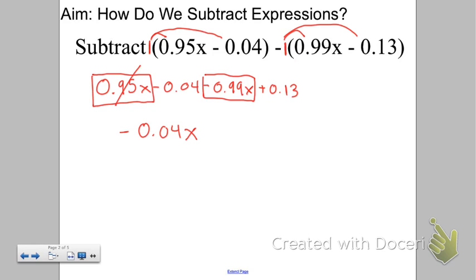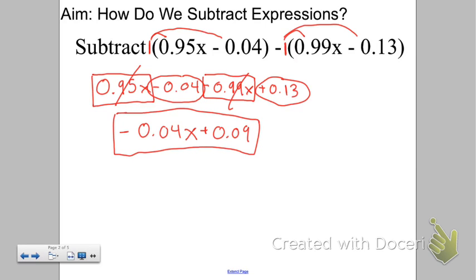So now I combine those like terms. Now I have negative 0.4 and a positive 0.13. So when I combine those, I end up with a positive 0.09. And now I have no other like terms, so this would be my final answer.